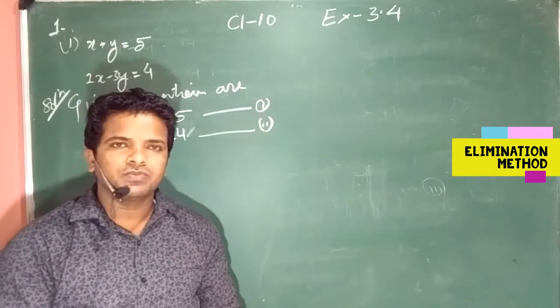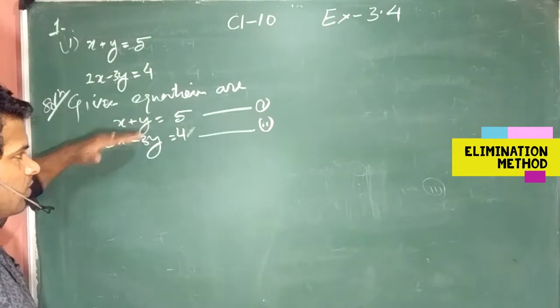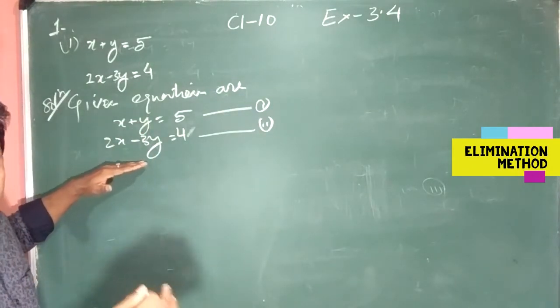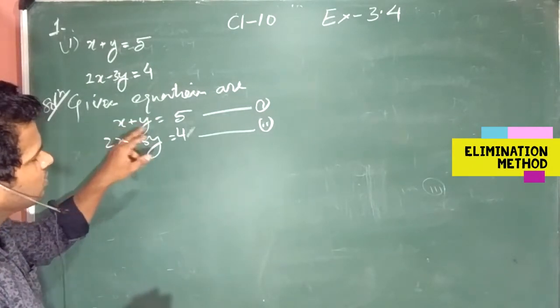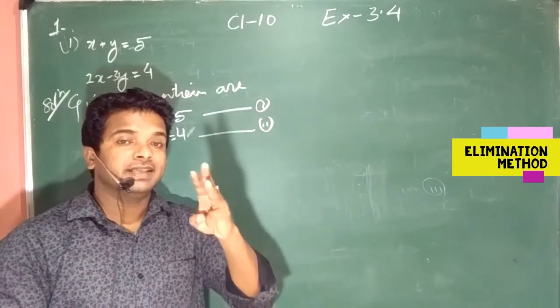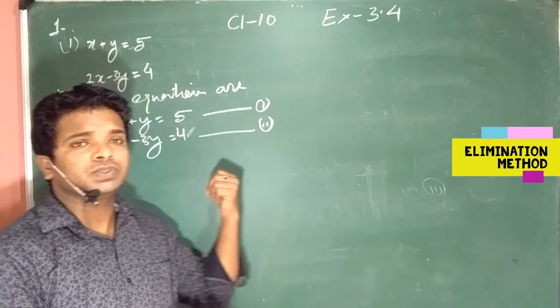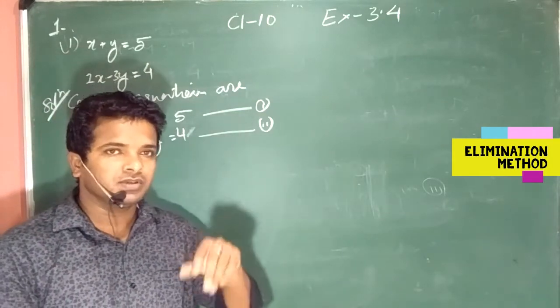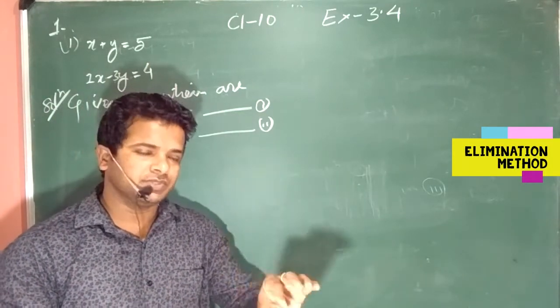So in the substitution method, from equation 1 we transfer maybe x or y, and we make equation 3. And that equation 3 we substitute in equation 2. That is the substitution method. Since we are going to substitute, it is called the substitution method.